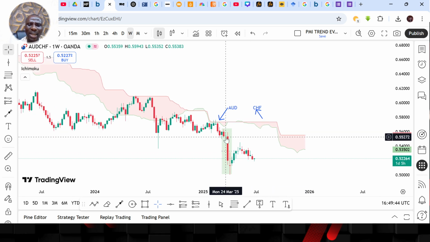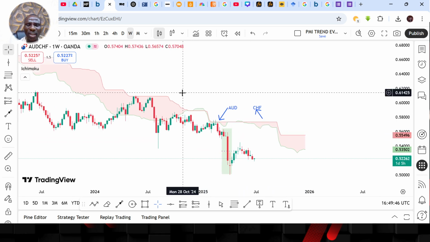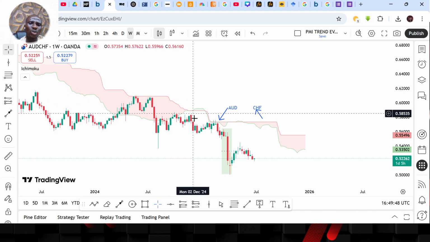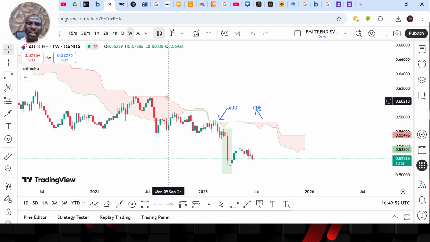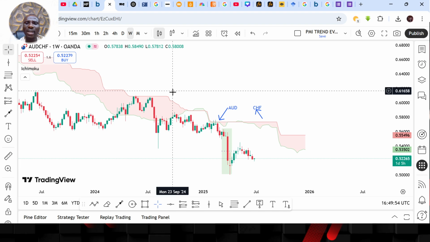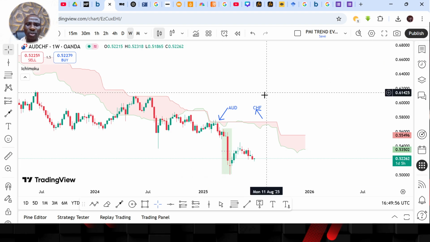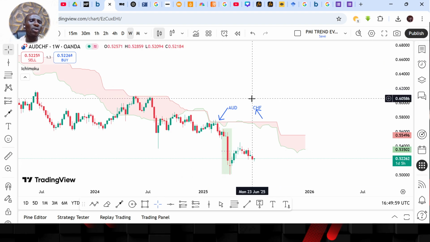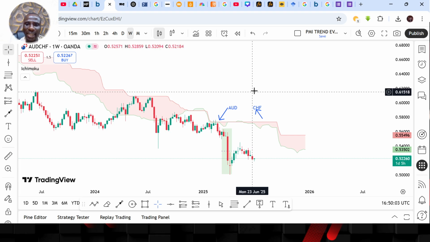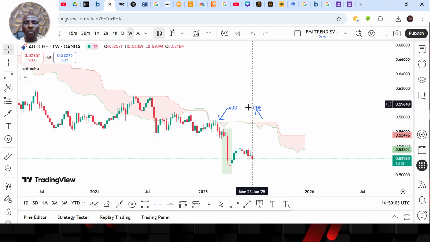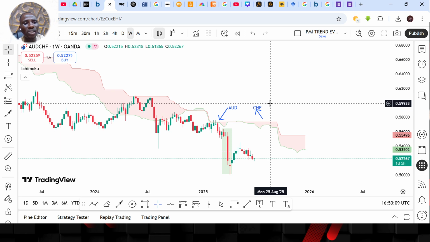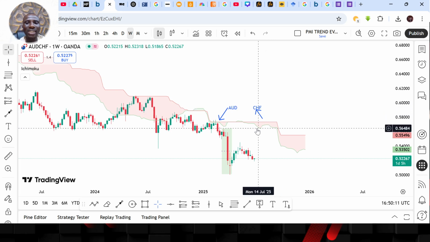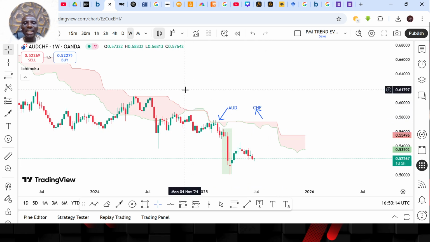You can take time to reflect or go back in retrospect, and look for a way to pair these currencies across different groups so that you will see what I'm talking about. Even if you have not used the gauges or the index, you can still pair AUD, CHF, pair the high yield commodity currency with the safe haven currency and see impulse move.